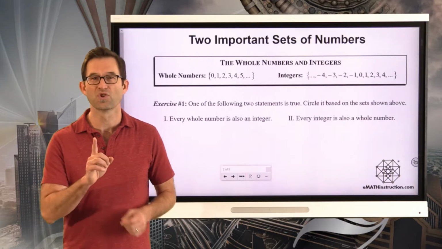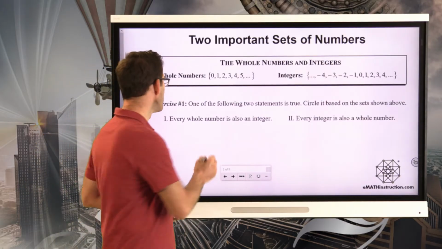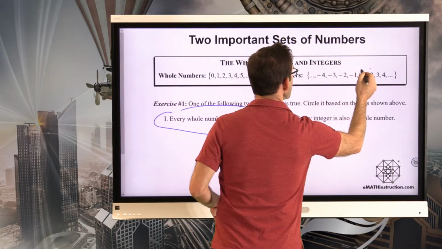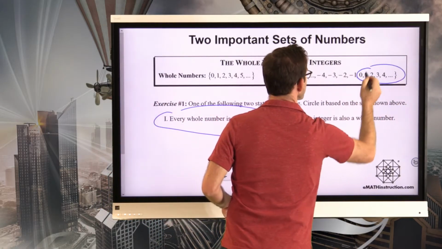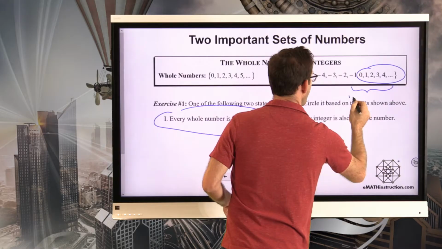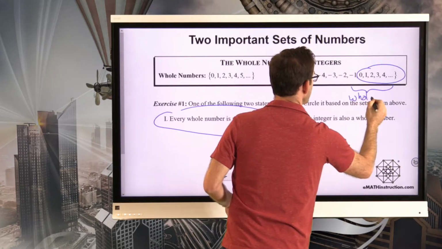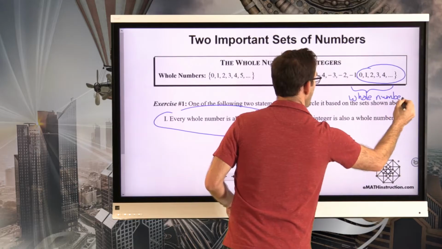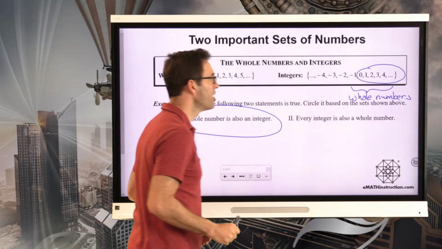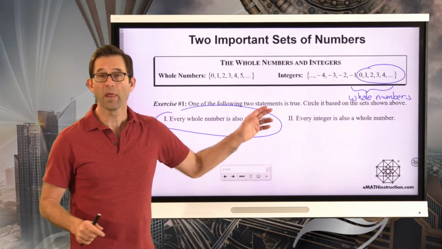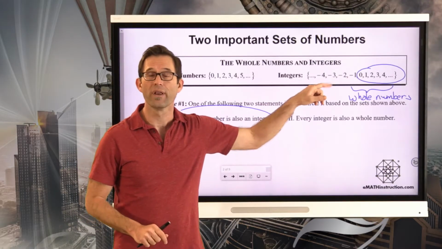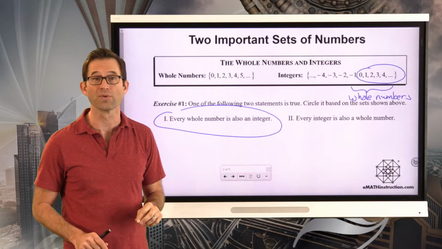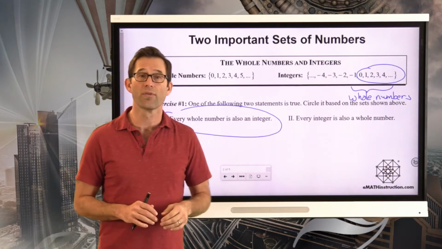All right, well, it's choice 1. Every whole number is also an integer, and you can really see it because we can go over to the integer set and find the set of whole numbers sitting inside of the set of integers. There's plenty of integers like -4, -3, -200 that aren't also whole numbers, but it doesn't work the other way around.